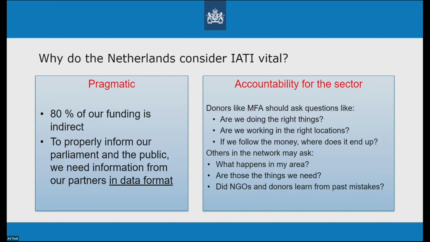That's important for us to ask, but others in this network have different questions to ask. If you're a grassroots organization or an individual, you might want to know, what happens in my area? Are those the things that I need? If there is an activity, has that activity learned from past mistakes made by others or by themselves?